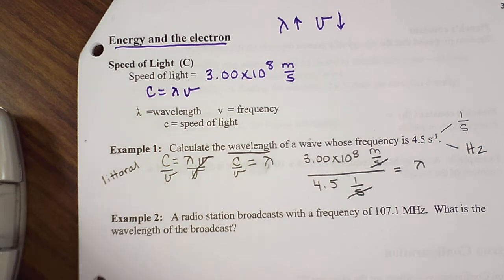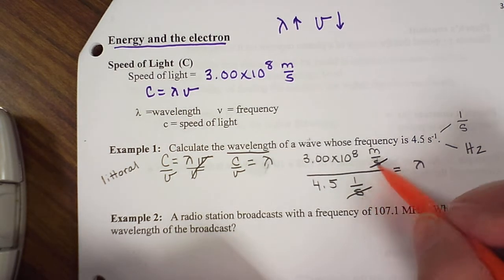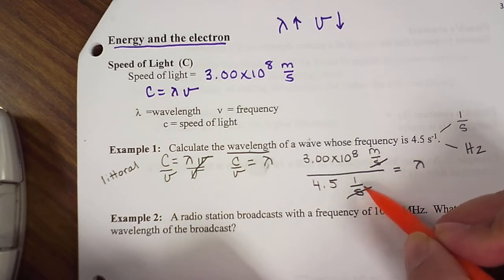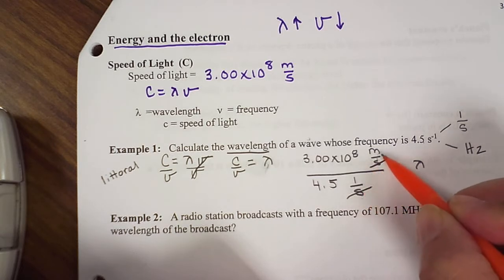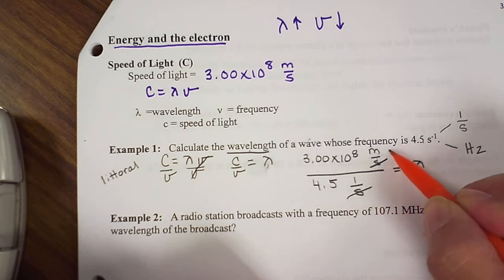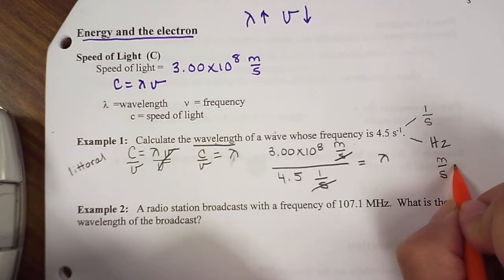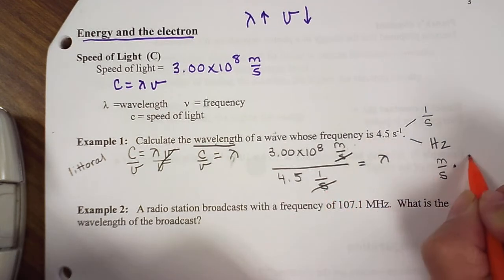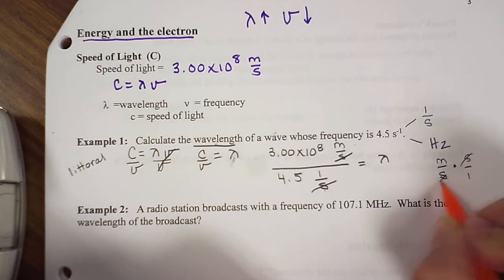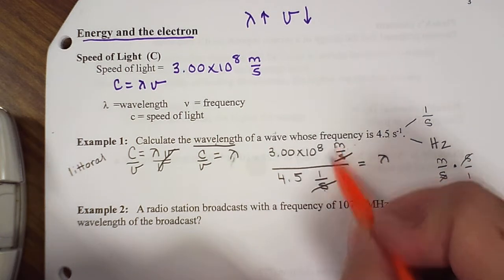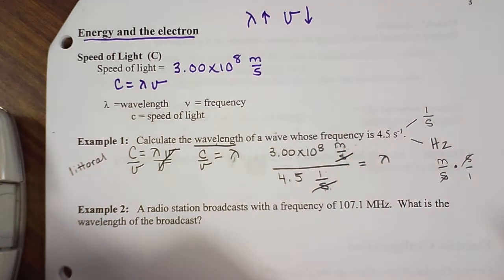If I were to actually do this out, I would multiply by the inverse, so I would flip this. Meters over seconds times seconds over 1, and I would be able to cancel.